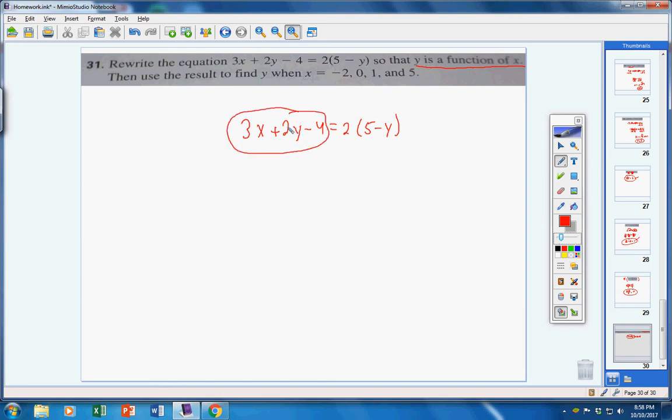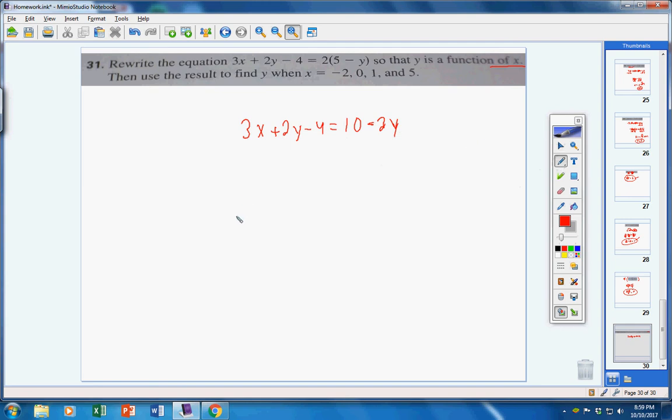They are all unlike: x, y, and constant term. On the right side though, I have 2 times 5 is 10, 2 times negative y, negative 2y. So the right side becomes this right here.